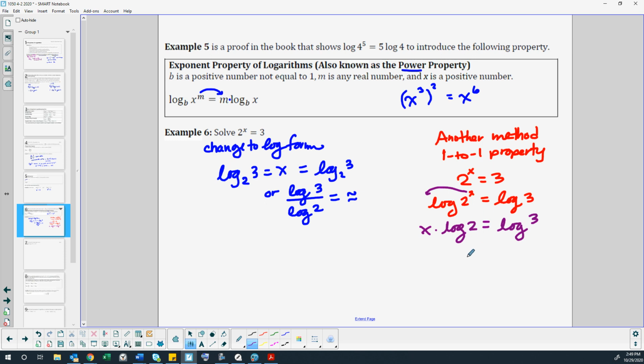That gives me the ability to now divide by everything and get x by itself, which gives me log 3 divided by this piece left over here, log 2, which I again could put in a calculator and get an approximate answer. Look at how I got the same exact answer I got when I changed this to log form and then used a change of base formula. Either way, same answer, but this one used this property that we just learned about.